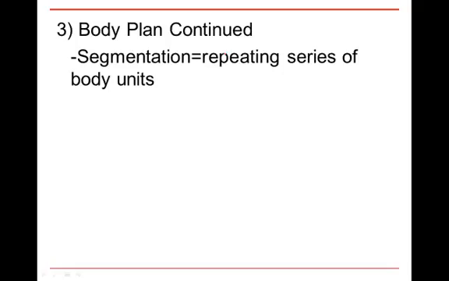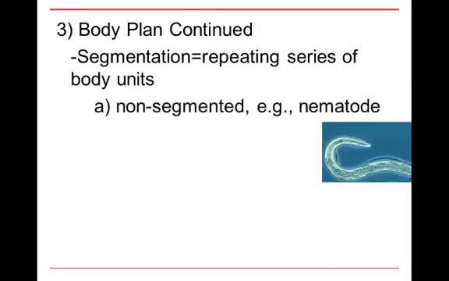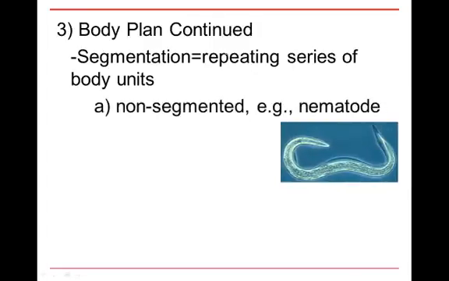So still talking about the body plan, another aspect of the body plan is segmentation. Segments are repeated body units, and there are three possibilities with regard to segmentation. We can have an animal that's not segmented, as a nematode is not segmented.